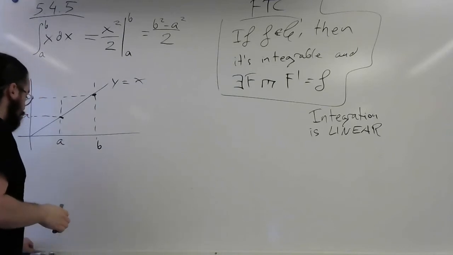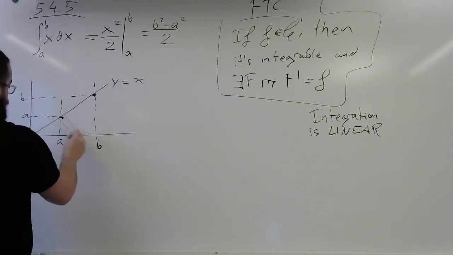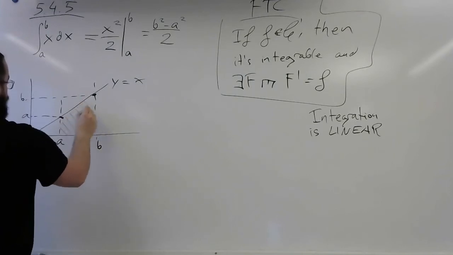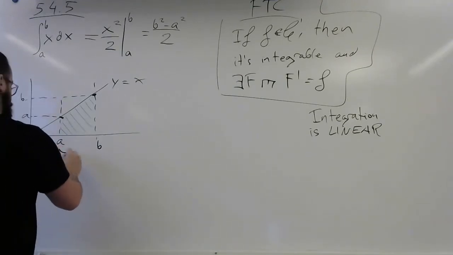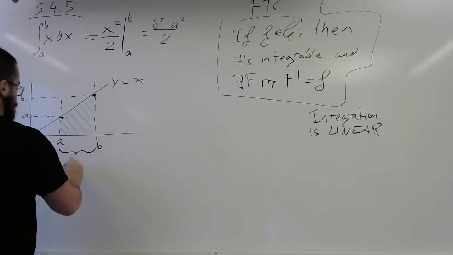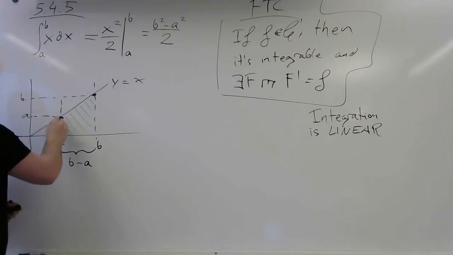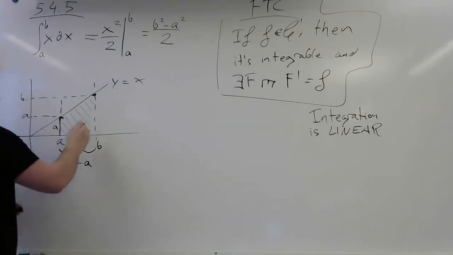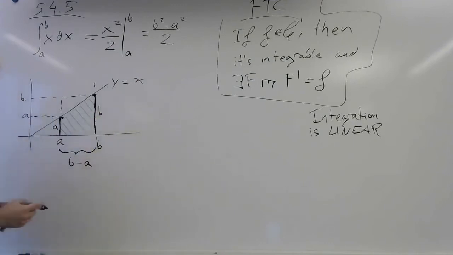Our integral is no other than this area here. Now, this distance here is b minus a. This distance here is a, and this distance here is b.